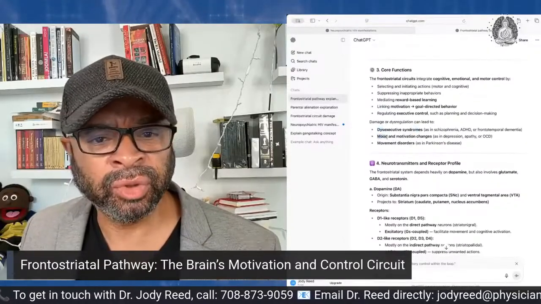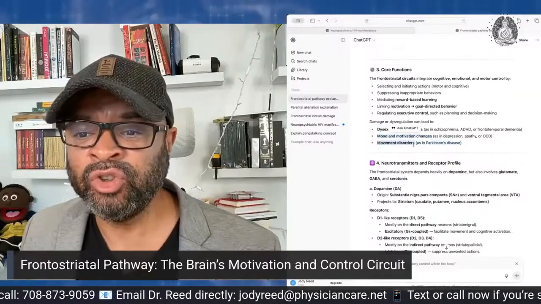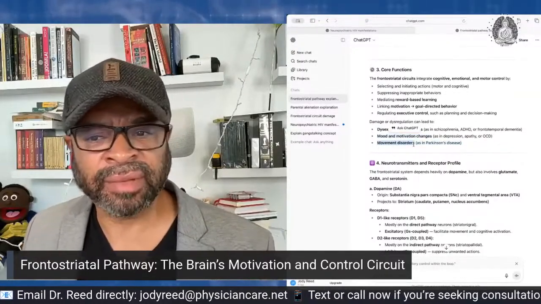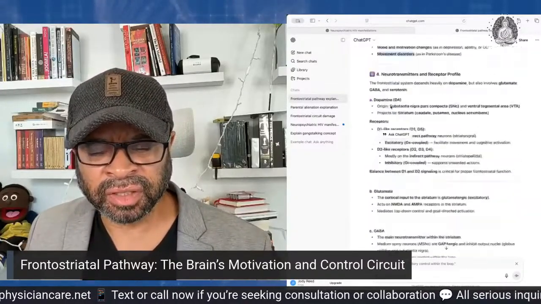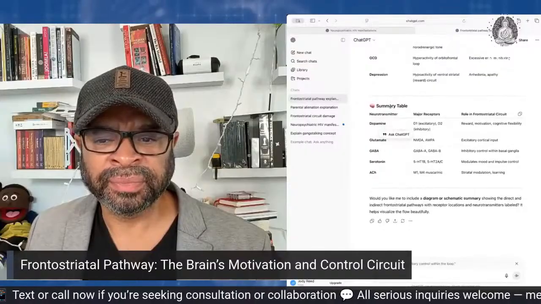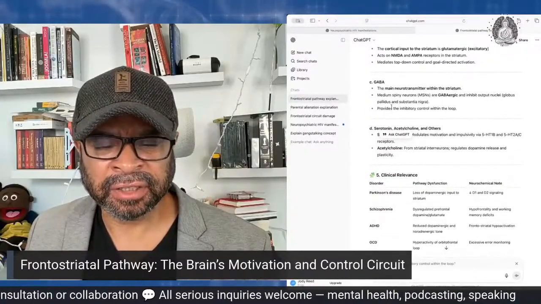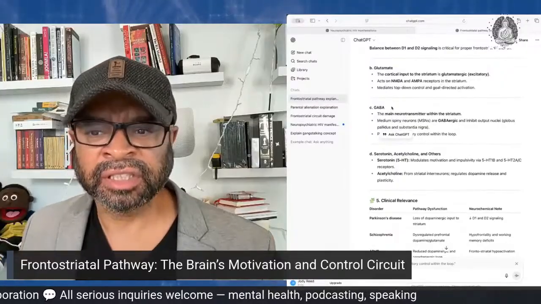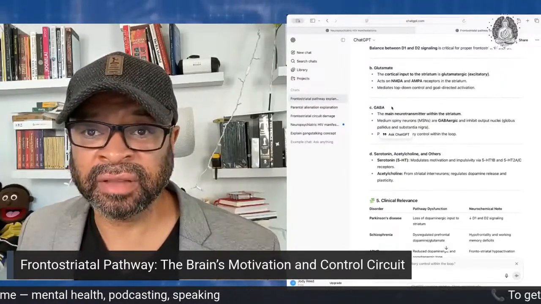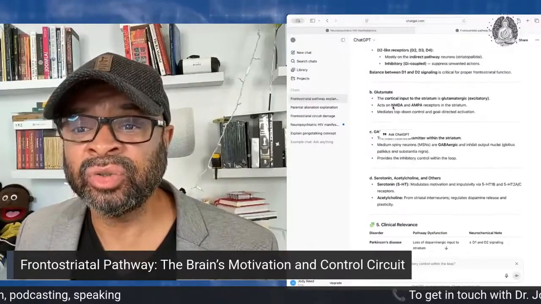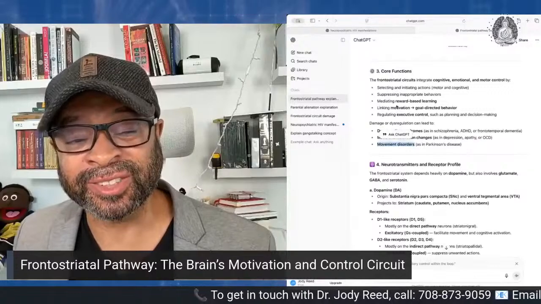You get the mood disturbances and the motivational changes, and then you get the movement issues like severe agitation, combative aggressive behavior. You can see how alcohol is not a good selection of substances to use if you have any type of challenge to the stability of your frontostriatal circuit, right?